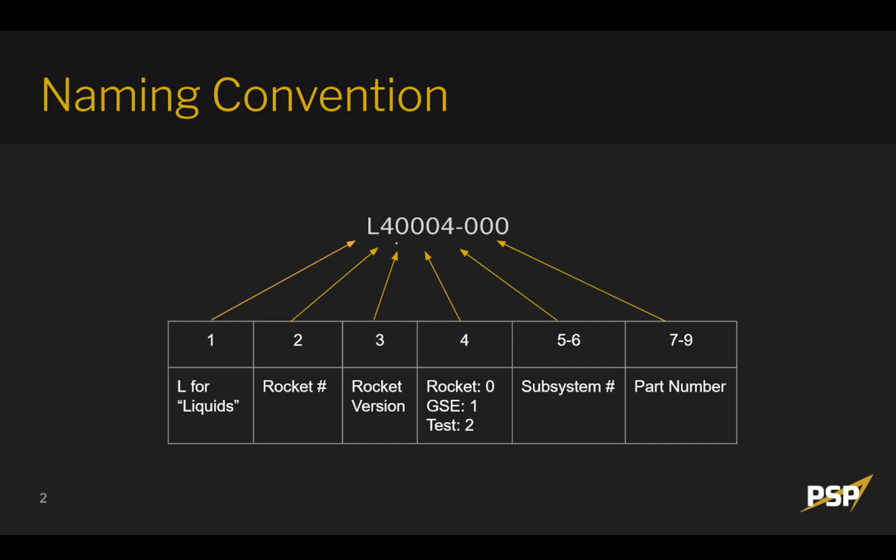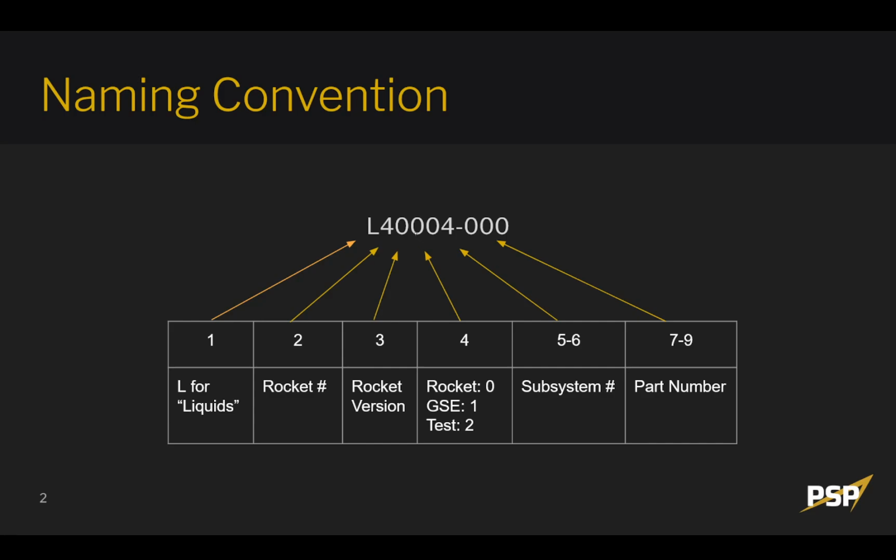That was to help separate what CAD files were what from the first version of the bigger CMS from the second version of the now smaller, downsized CMS. So we were still able to reference the older CAD models without having to delete them and keep the same file. So we'll call that Rocket version, and hopefully we'll keep it at L40, but in case we need a big change and start from scratch, that'll be incremented up to 1.